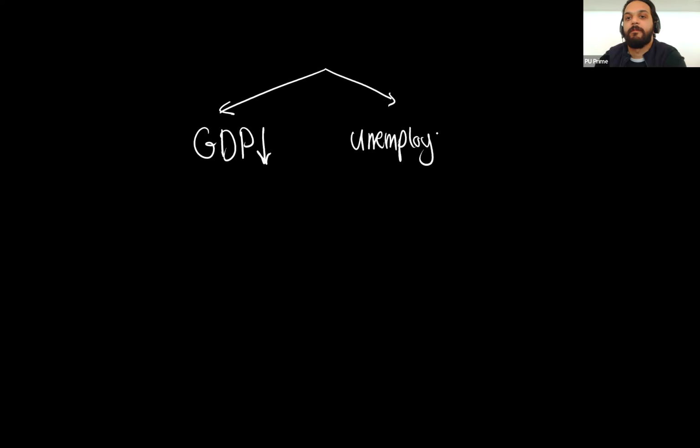In some countries, what happens is GDP is going down, unemployment is going up. Now, let me ask you the question here. What do you think should happen to the inflation if the GDP is going down and the unemployment is high? To the normal cycle, what should happen?